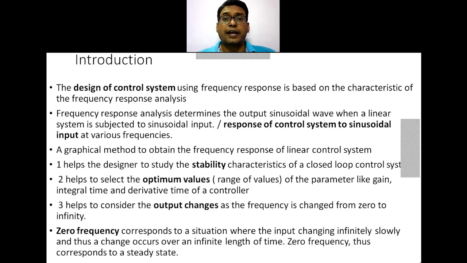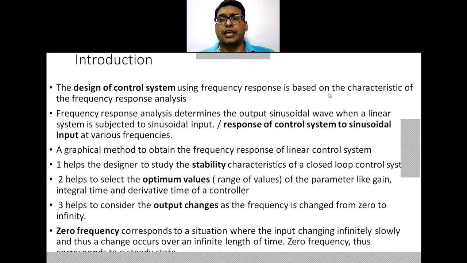This is why it is important to study the frequency response, because sinusoidal inputs are very common in our chemical process industries. Every time you can observe the fluctuations in the response.